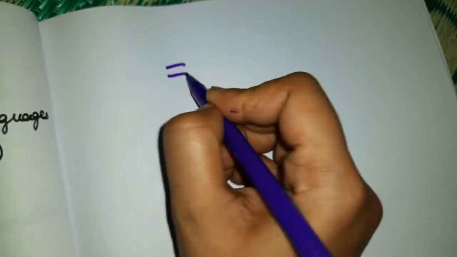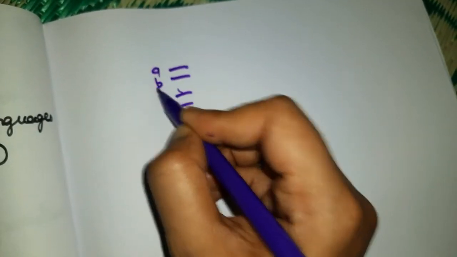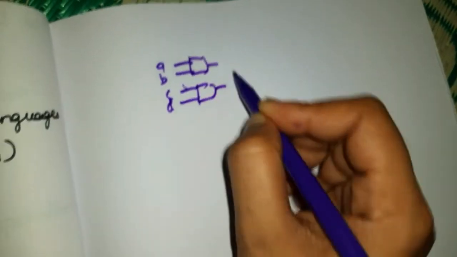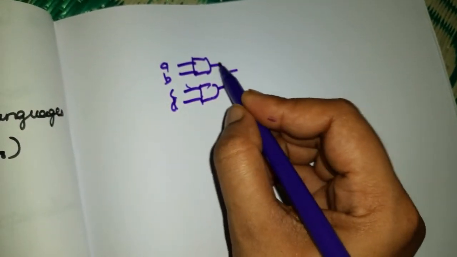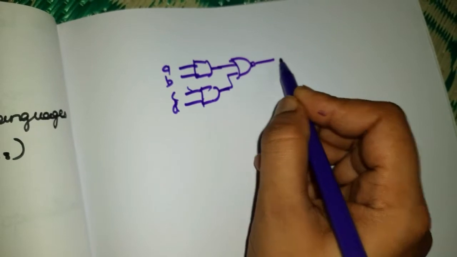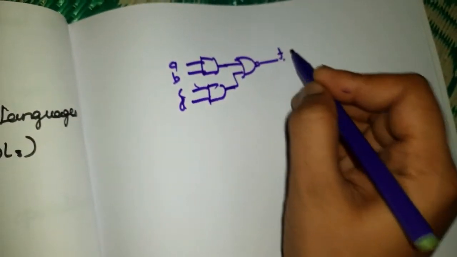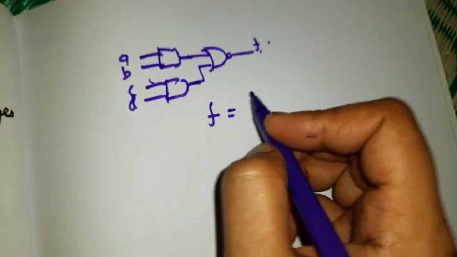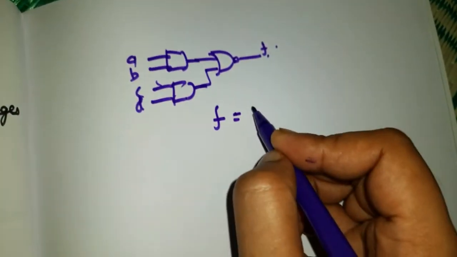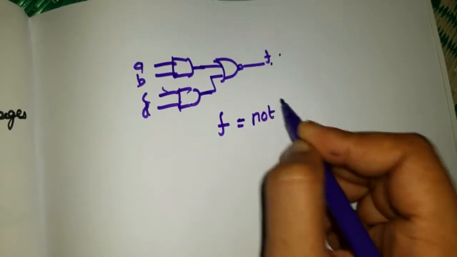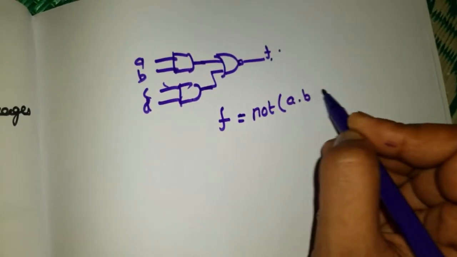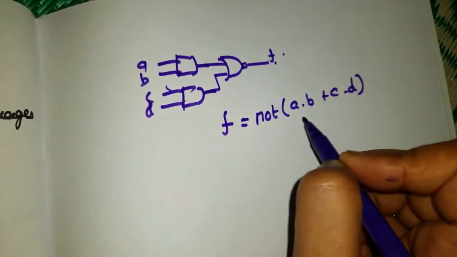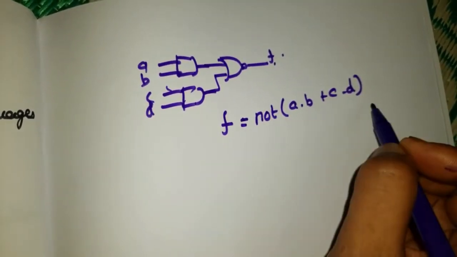The inputs are A, B, C, D to the AND gates, and their outputs are given to a NOR gate, and the output is F. First, write the Boolean expression for this circuit: F = NOT of (AB + CD). This is the logic expression of this circuit, and we have to write the code for this expression.